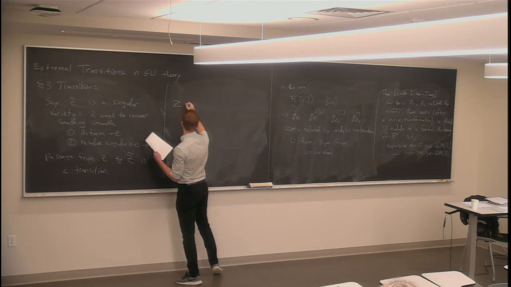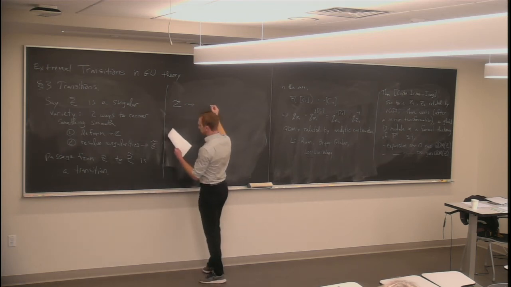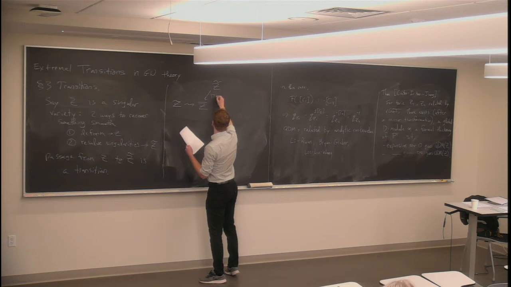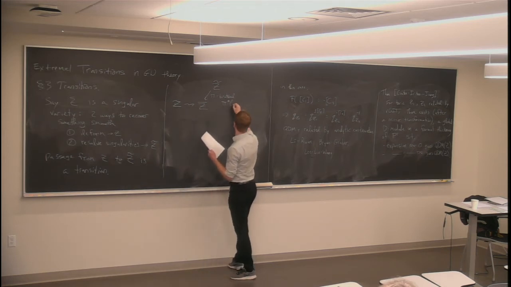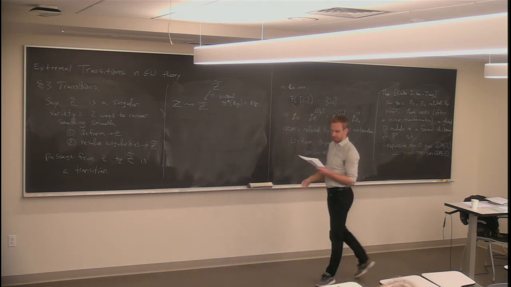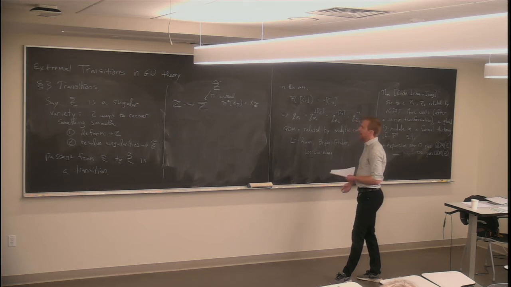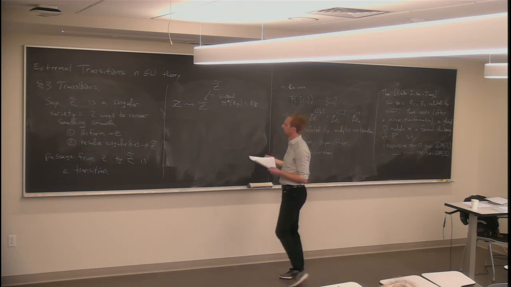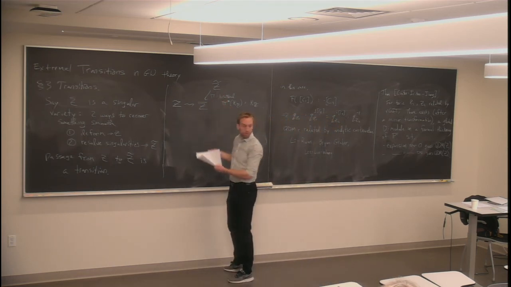So the picture is I have some Z which degenerates to something singular, Z bar. And then there's a birational map here, which is crepant. So this is the picture for a transition. And based on the previous two results, it's reasonable to hope that the Gromov-Witten theories of these two should be related.